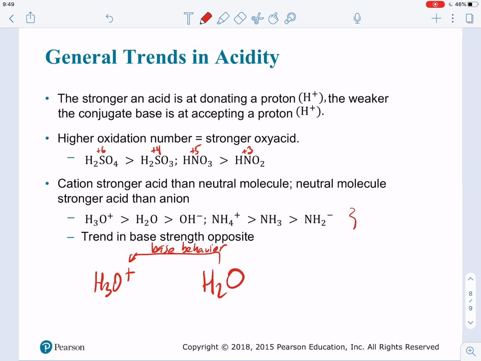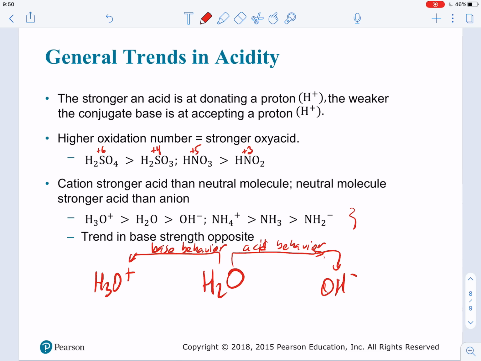And if it behaves as an acid, it will donate, release a proton, and become OH minus.